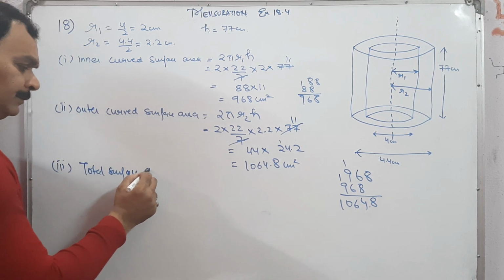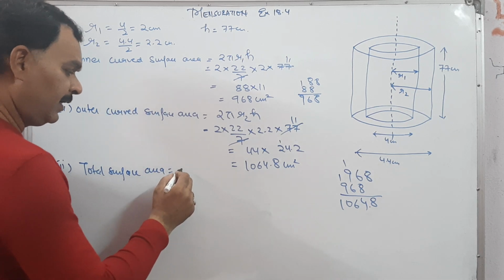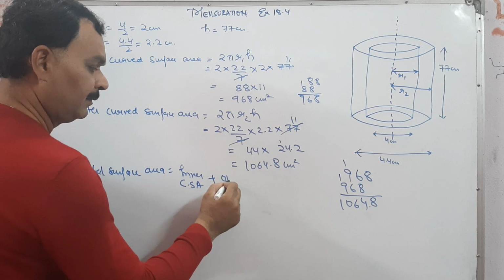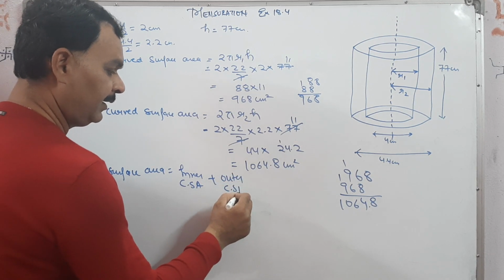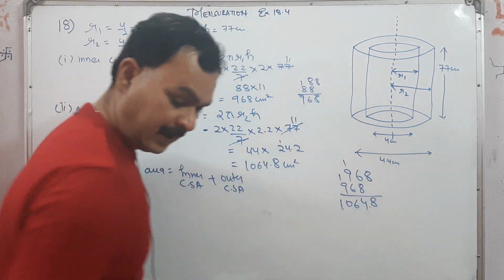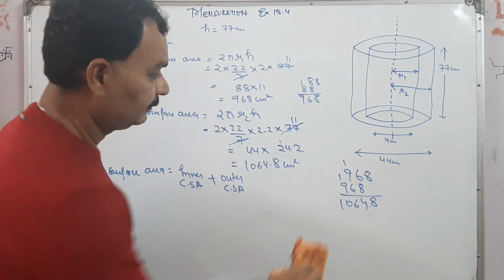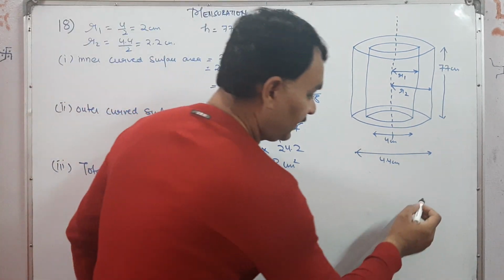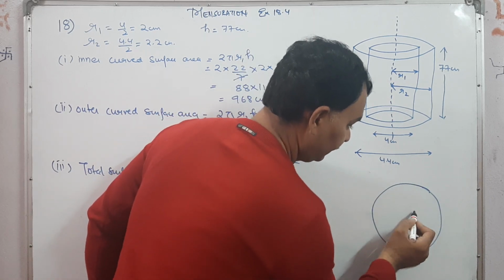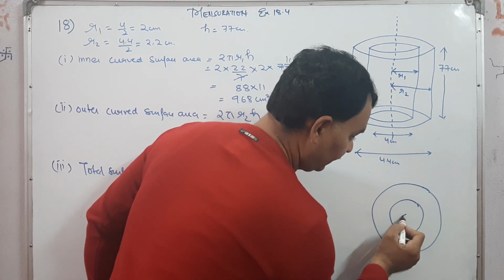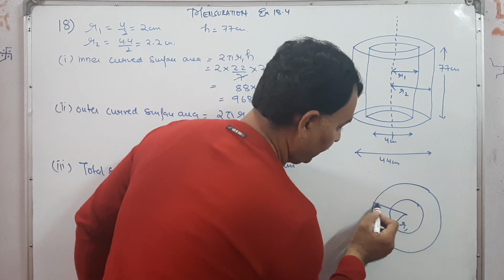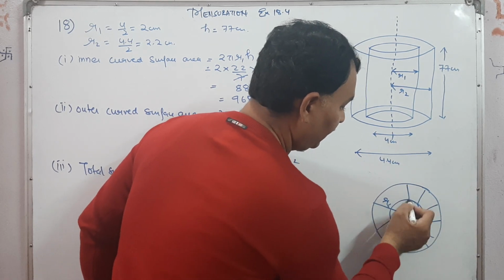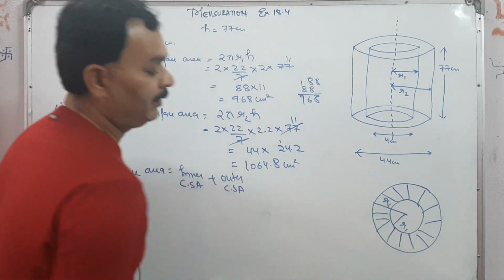Now for the third part, total surface area. No doubt, total surface area is inner curved surface area plus outer curved surface area, and we see that the cross section of the pipe is like this, R1 and R2. So the area of this ring has to be included.